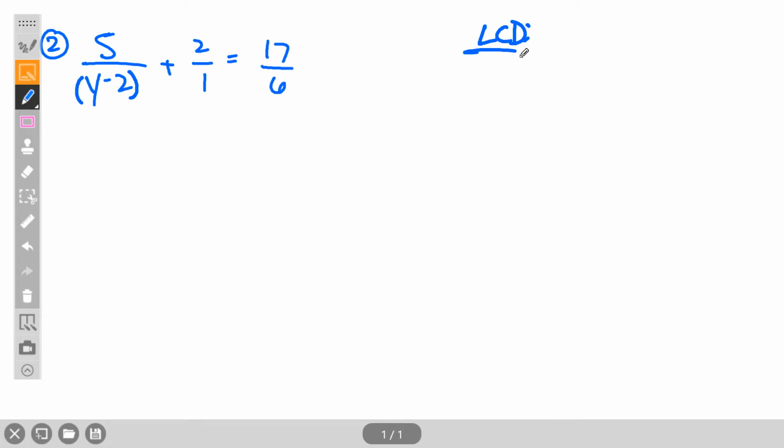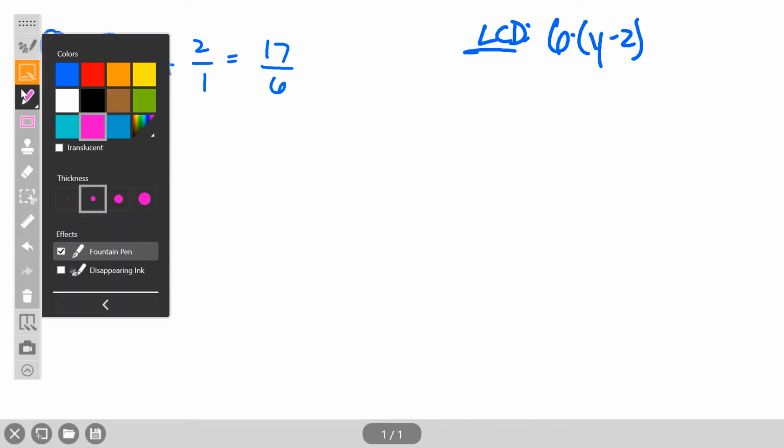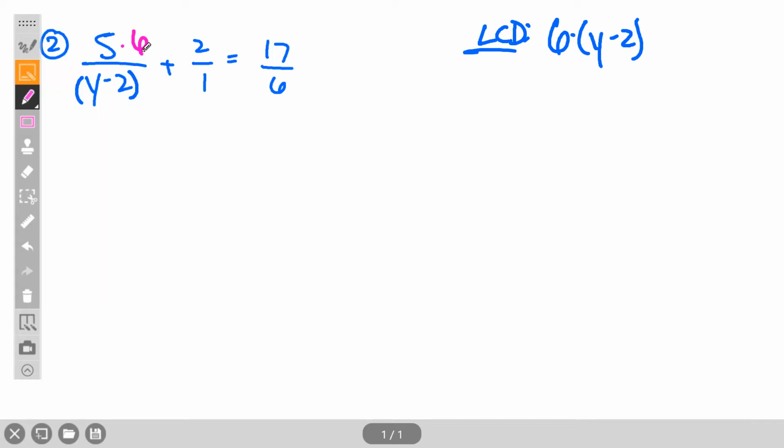None of them have anything in common, so the LCD is going to be 6 times y minus 2. To get that for the first fraction, I would have to multiply by 6. For the second, I would have to multiply by both 6 and y minus 2. And for the last fraction, I'd have to multiply by y minus 2.